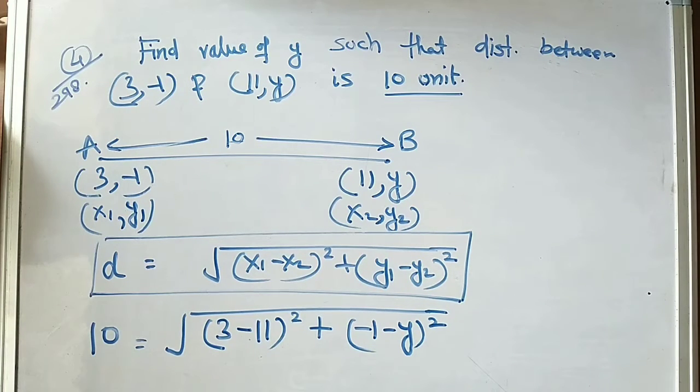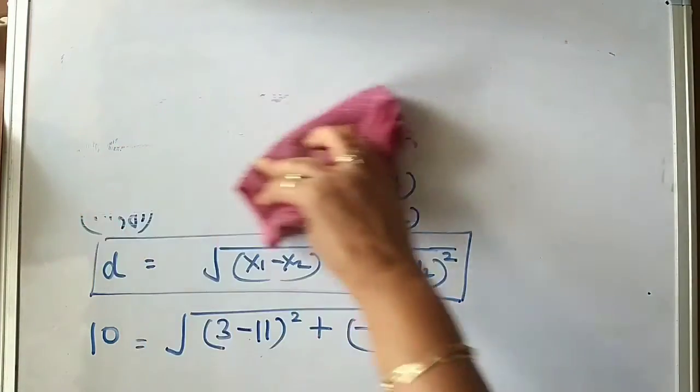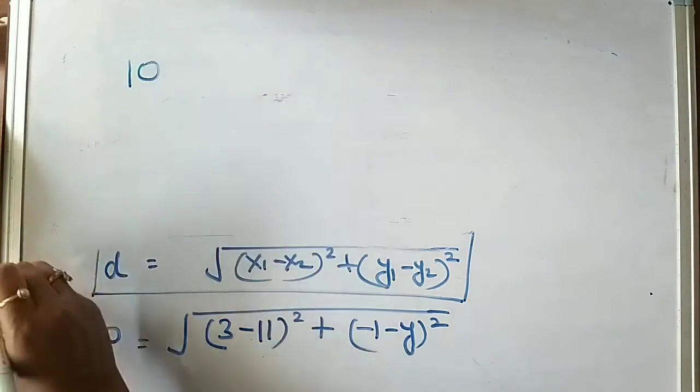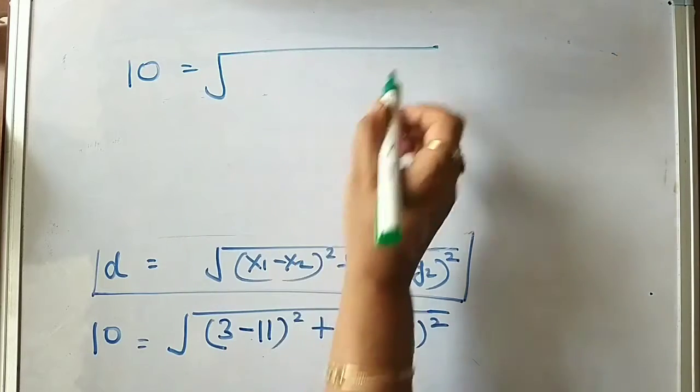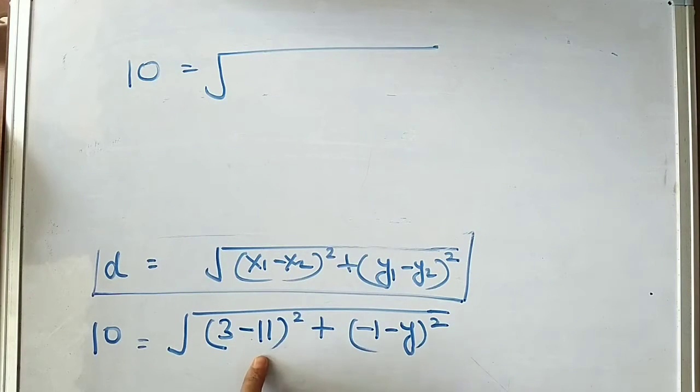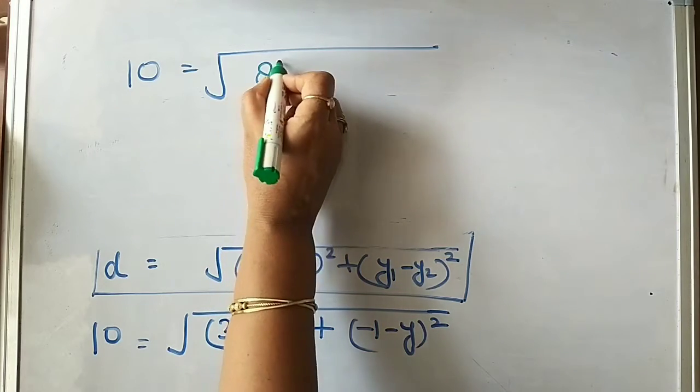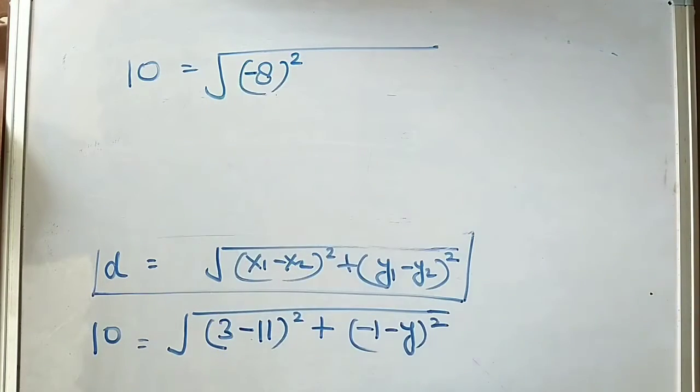Correct? Now I have to somehow simplify it in order to get y, because my job is to get y. Okay, so let me see. 10 under root of what is 3 minus 11, minus 8 square. Okay, now both are minus minus.